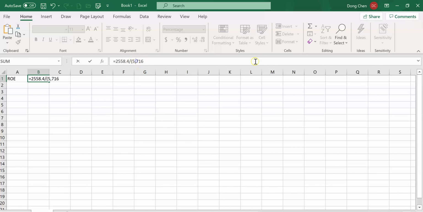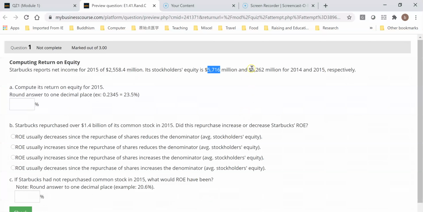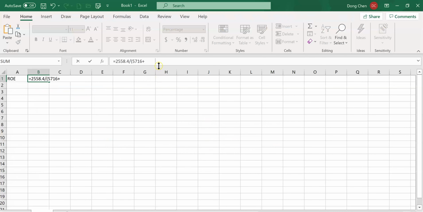Again, get rid of the comma. And plus stockholders' equity in 2015. Get rid of the comma. And divided by 2. But then I also need to add another parenthesis.